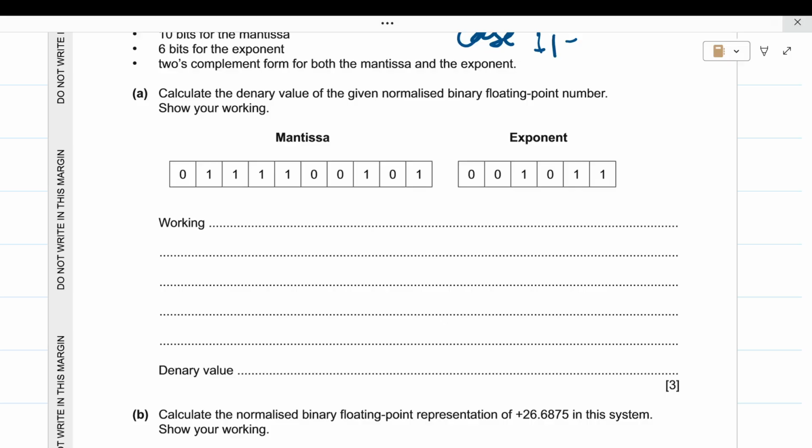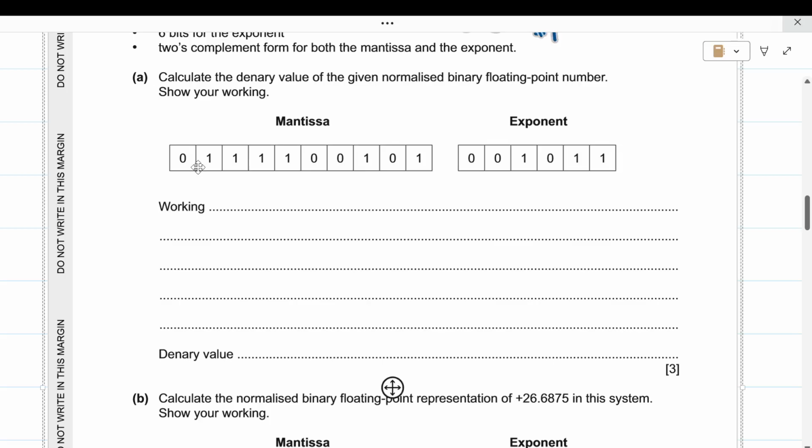So the very first thing is you have to decide where the decimal point is going to be, and I told you that it has to be right before the least significant one. Over here.